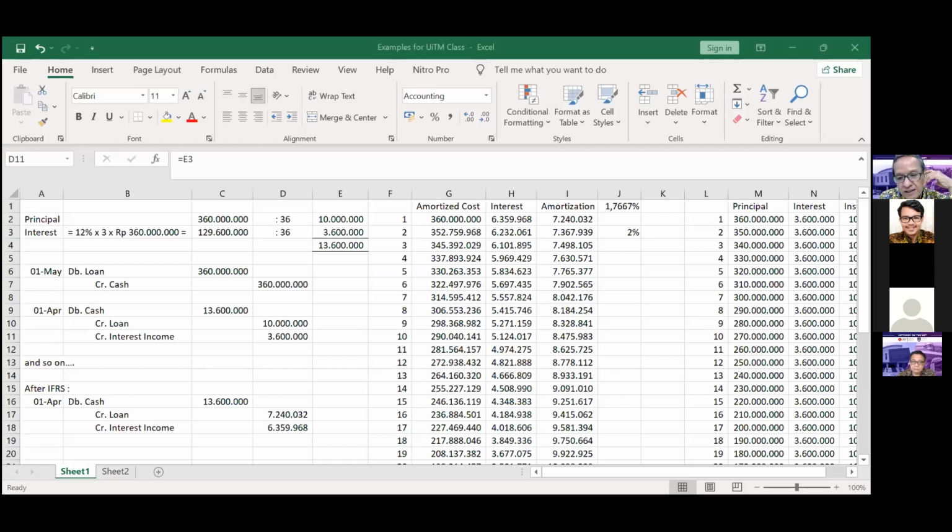So the 90 million must be multiplied by 20%. How much is 20% of 90? 18 million, 18 million.